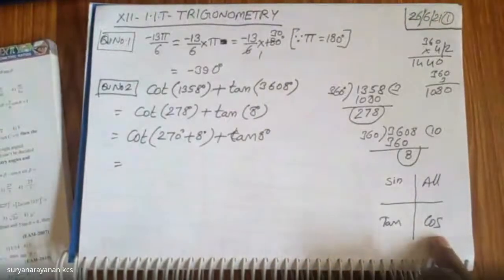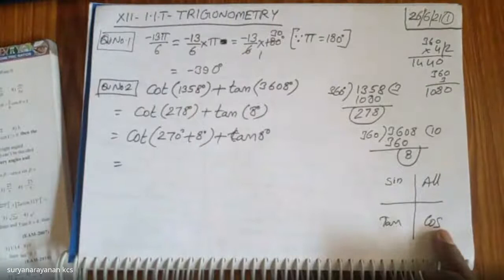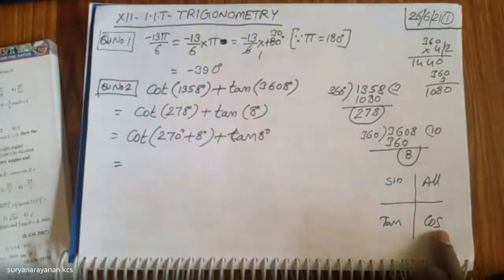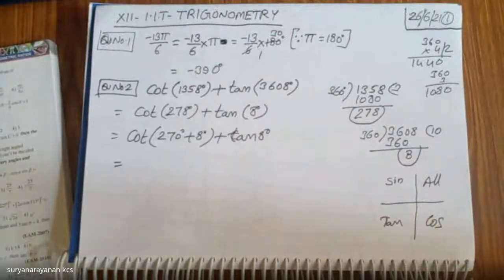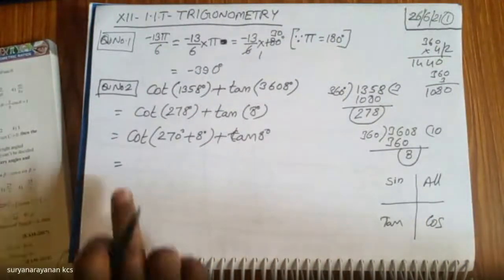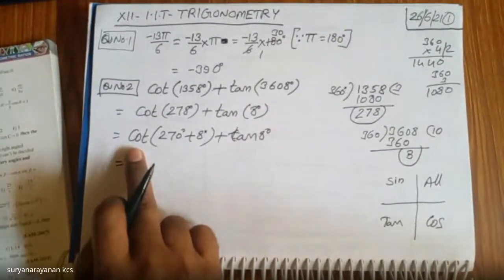Come to the fourth quadrant: cos and its reciprocal, secant, are positive, and the remaining trigonometric ratios are negative. What is the trigonometric ratio given here?